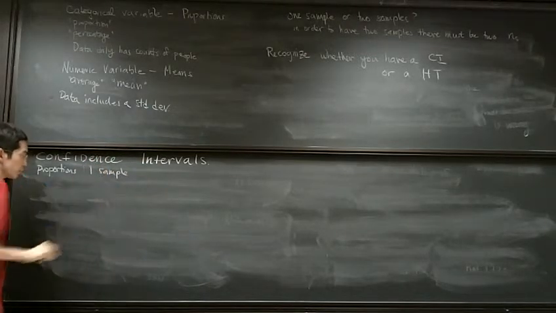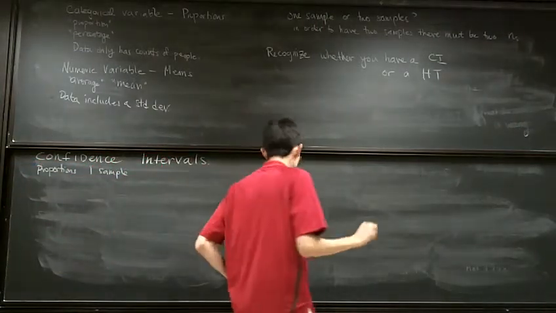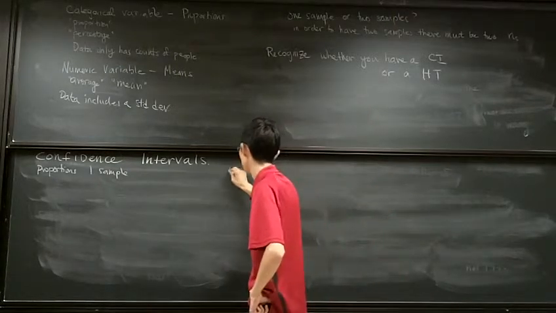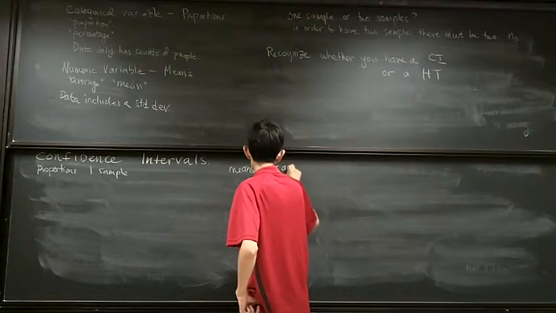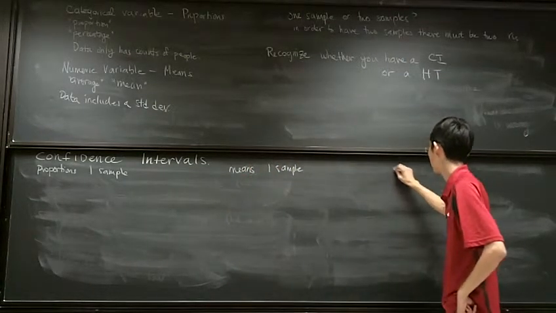We never learned confidence intervals for two samples. They do exist, but we never learned them, so you will not be tested on it. We have confidence intervals for means with one sample, and confidence intervals for means with two samples.